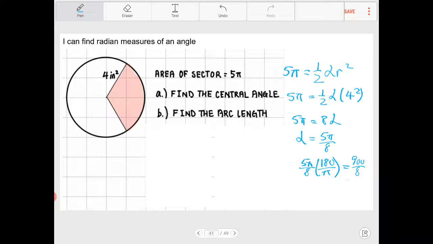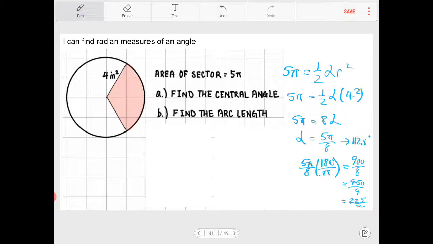I will end up with 450 over 4, or 225 over 2, or this is going to be 112.5 degrees.